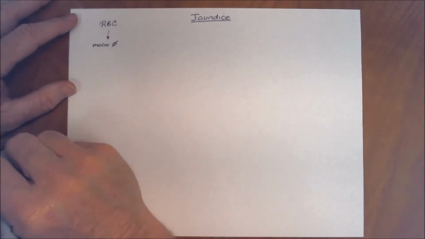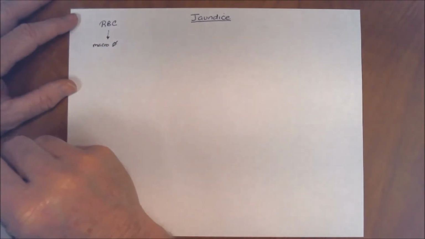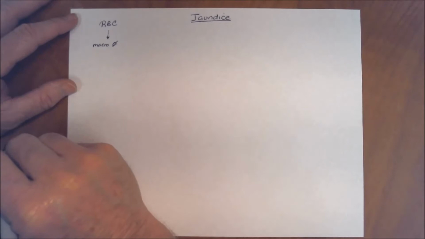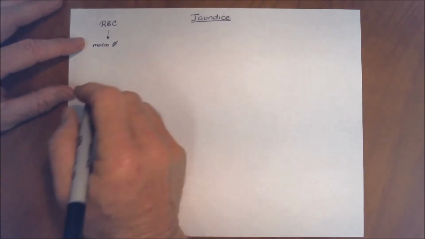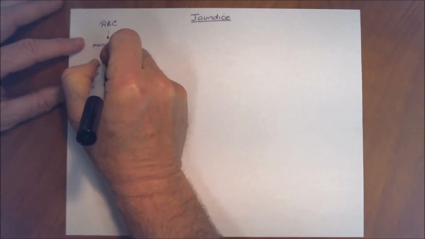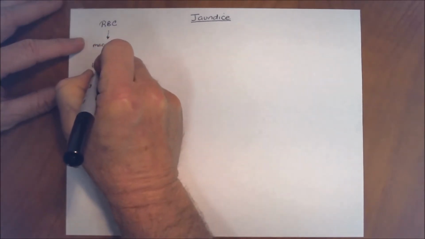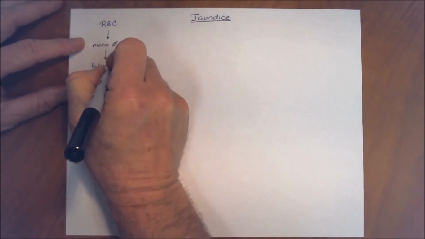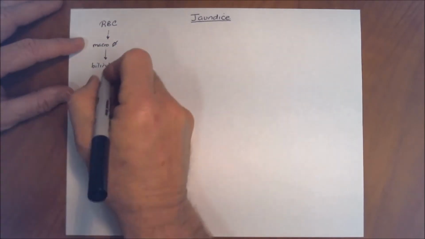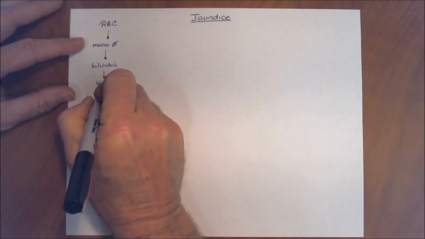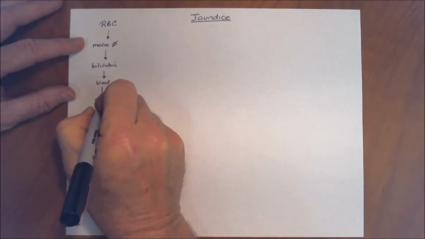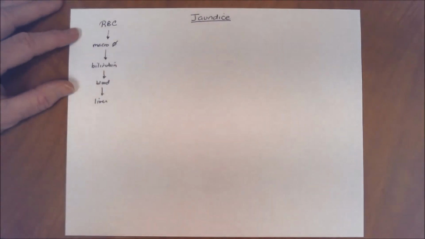These splenic macrophages extract the iron from the heme after degrading the hemoglobin protein, and then the heme that is left behind, the macrophage will degrade that down to bilirubin. Then the bilirubin is placed out into the blood, is secreted, and the liver picks up the circulating bilirubin.